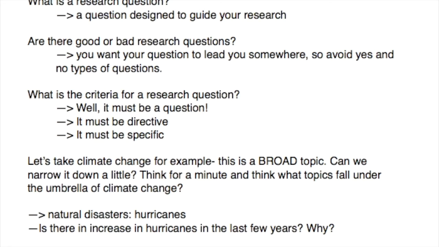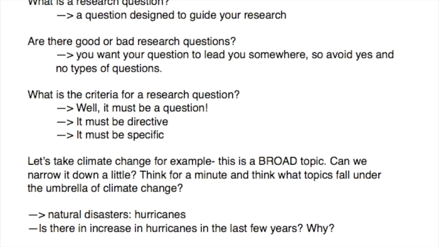The reason I did that is because I want to be specific, remember, and directive. So now I'm looking at the impact of climate change, the long-term effect of the hurricanes in local communities, but I changed it so that we're looking at it in the United States. What is that impact on the United States community that is in Florida or is in the path of hurricanes, that's in that hurricane alley? What is that long-term impact?